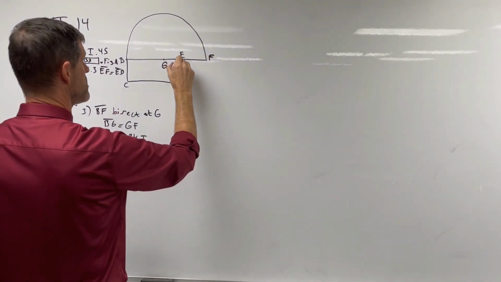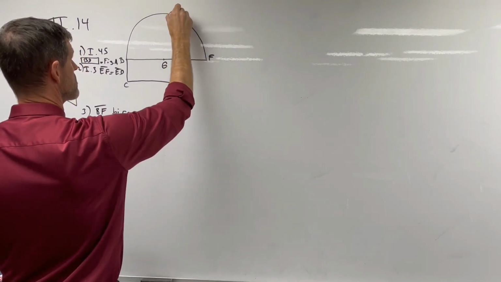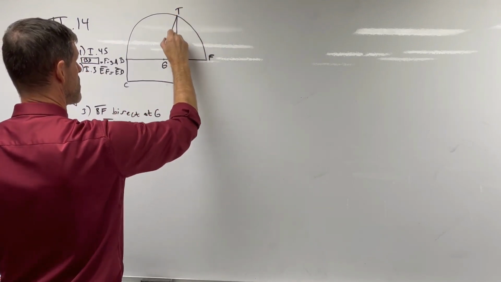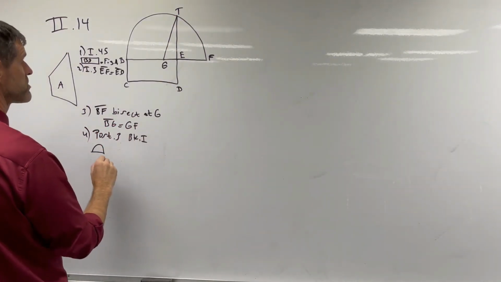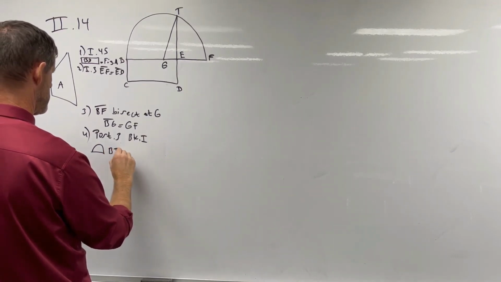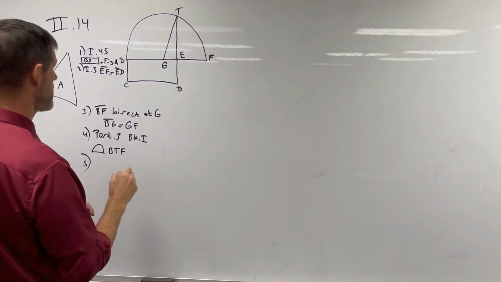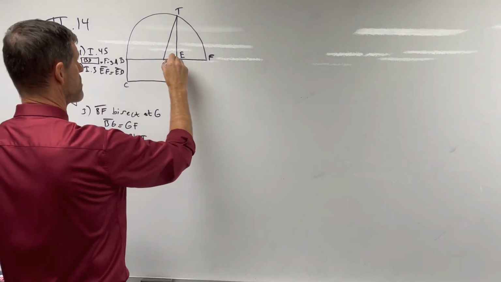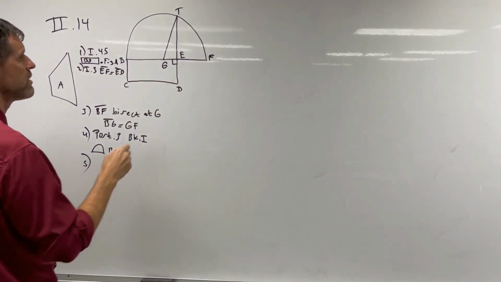And we'll continue DE in a straight line up to the circumference of the semicircle. We'll call that T, and then we're going to join T to G, and that allowed us to make the semicircle BTF. And we know that this angle here, BED, is a right angle because our figure BD is a rectangle.